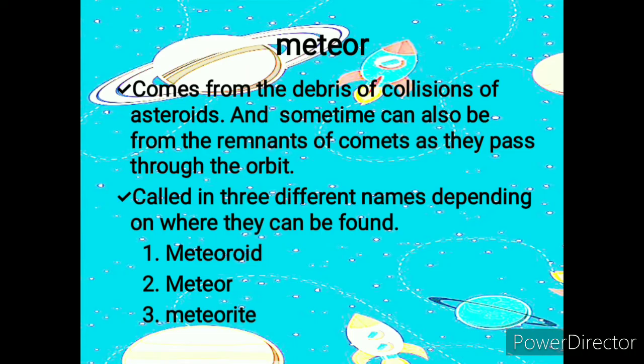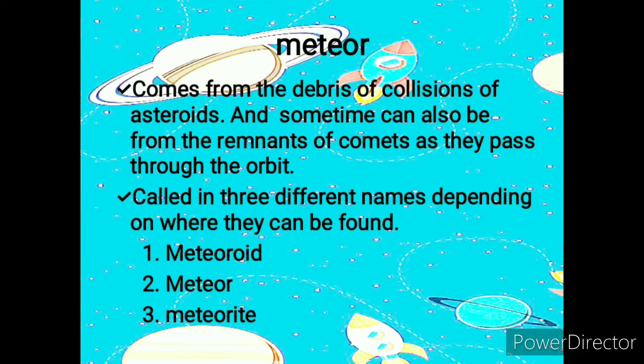Now, this meteoroid comes from the debris of collisions, parts of the asteroid or some parts of the comets. When they pass near the Earth and are affected by the gravity of the Earth, either the remnants of the asteroid or the debris from comets can get inside the Earth's atmosphere. Same with the asteroids.